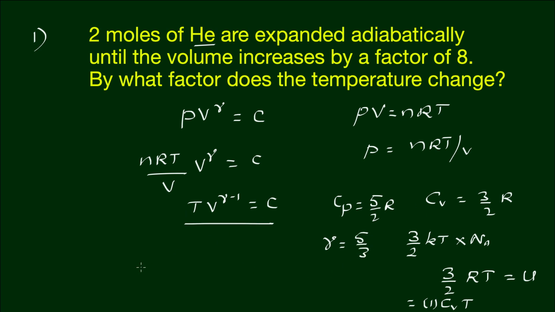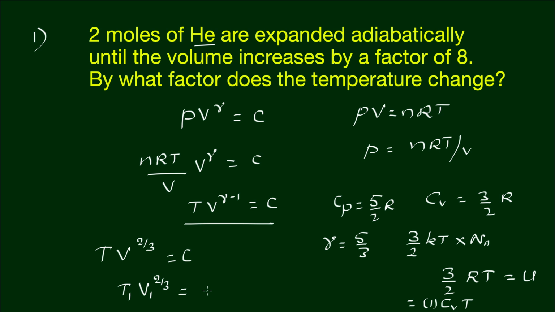So coming back to this equation, we have T V to the power gamma minus 1, 5 by 3 minus 1 is 2 by 3. That remains constant during the process. Let's say the initial temperature is T1, initial volume is V1, to the power of 2 by 3.